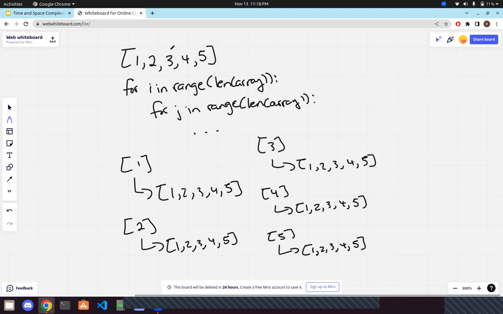So here, the length of this array is 5, but we made basically 25 iterations or so. Right? So you can see here, 5, 10, 15, 20, 25.